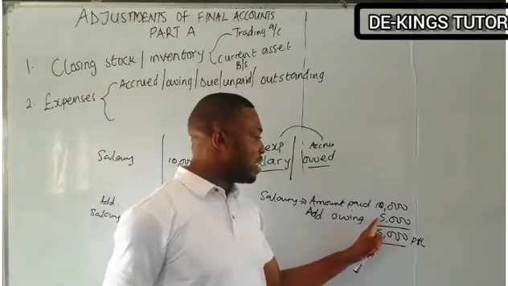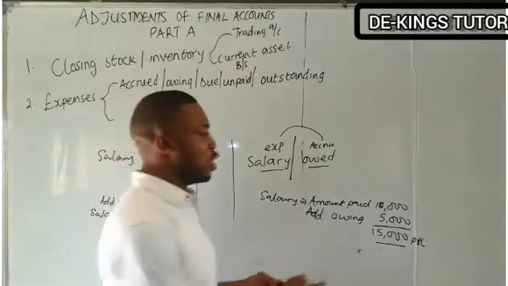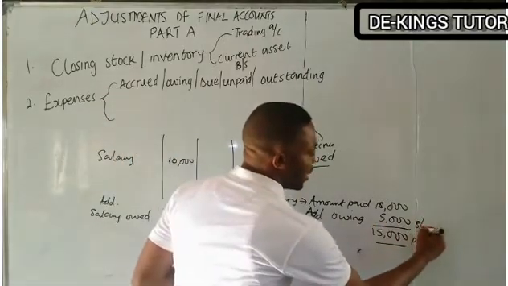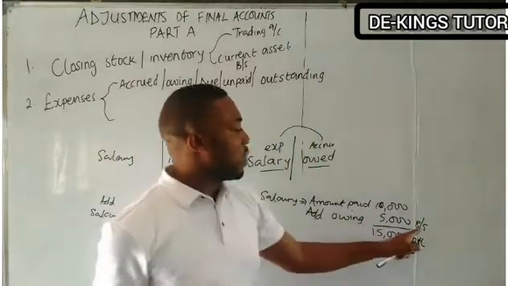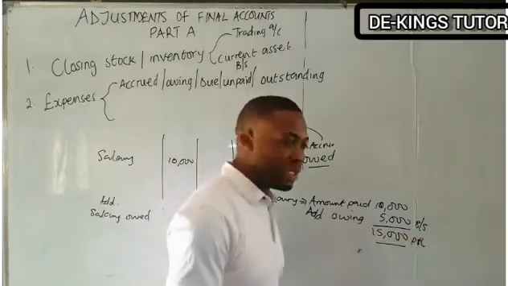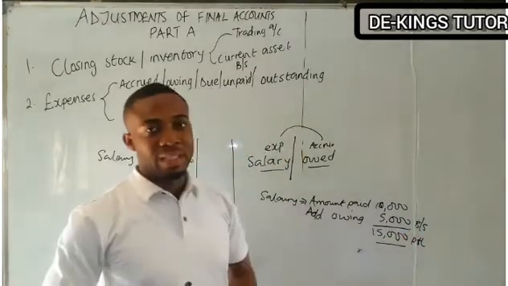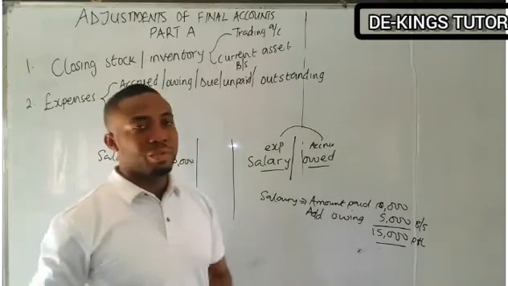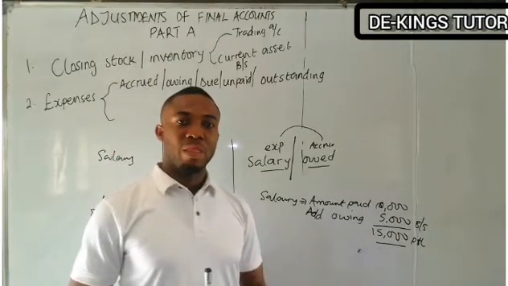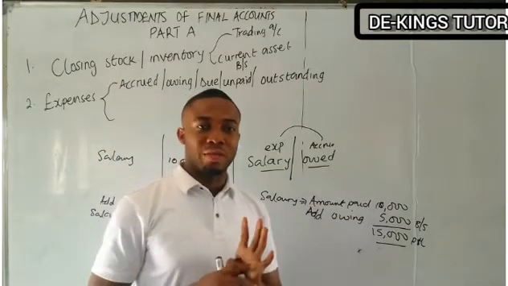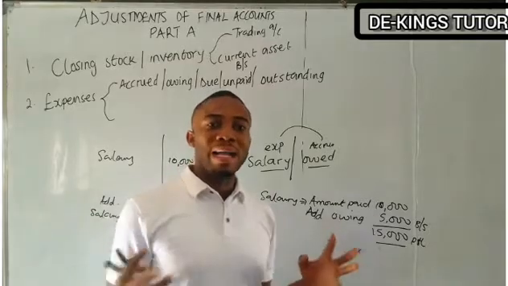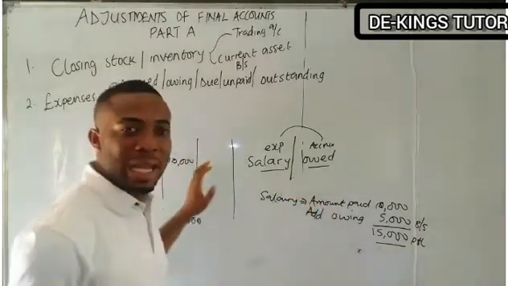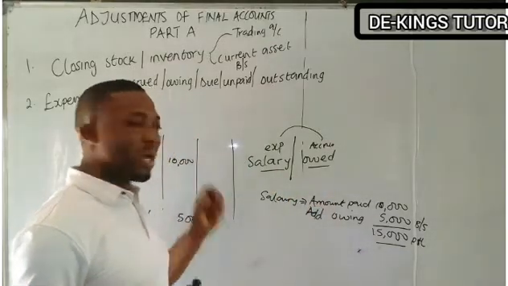While the owing that was in the additional information will go to the balance sheet, under the current liability as accrued expenses. Okay, so that is what you do to accrued or owing. You add it up to the one in the trial balance.